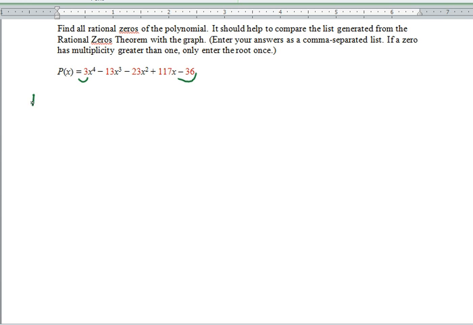So they will be in the form P over Q, where the candidates for the Q are just 3 and 1, plus or minus. But the candidates for the numerator are 1, 2, 3, 4, 6, 9, 12, 18, and 36 itself.